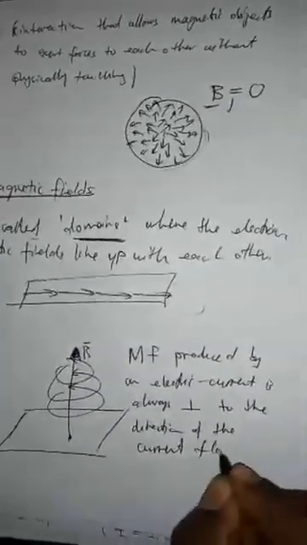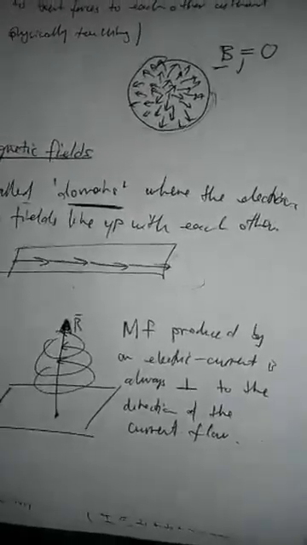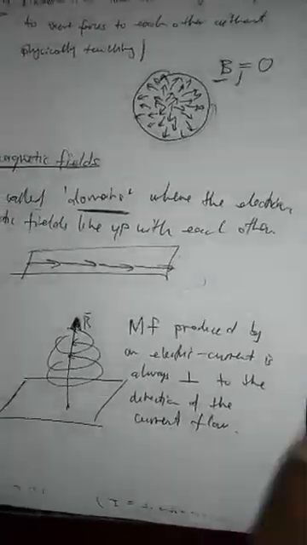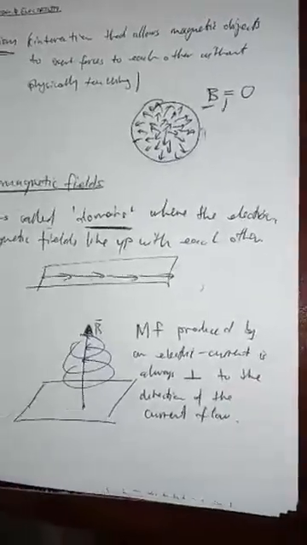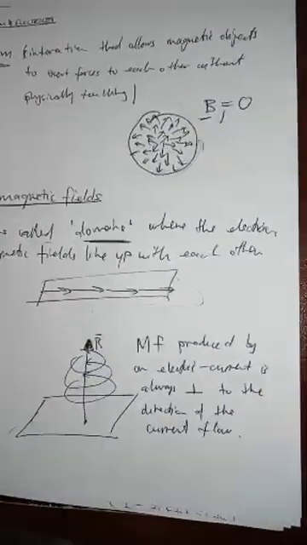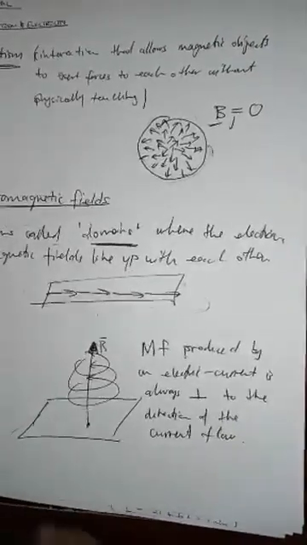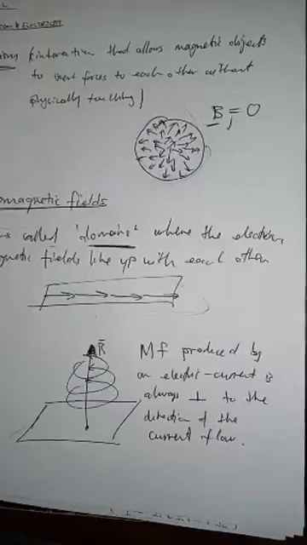So this is the relationship between the two in terms of direction. The magnetic field is always perpendicular to the direction of the current flow, right? And how do we determine the direction of the magnetic field when we know the direction of the current?